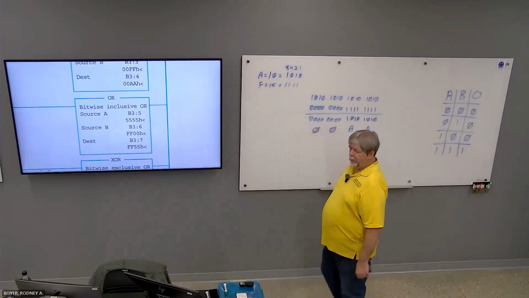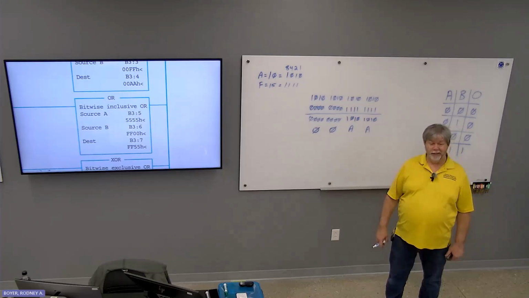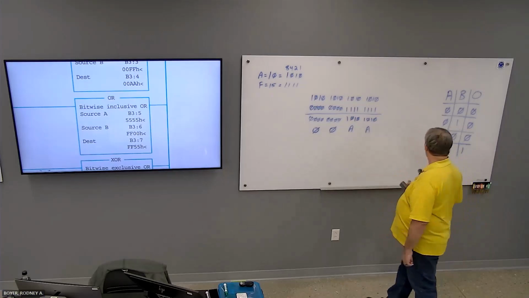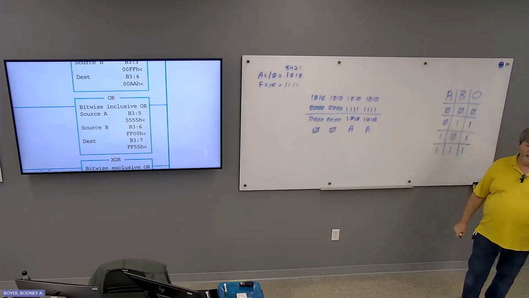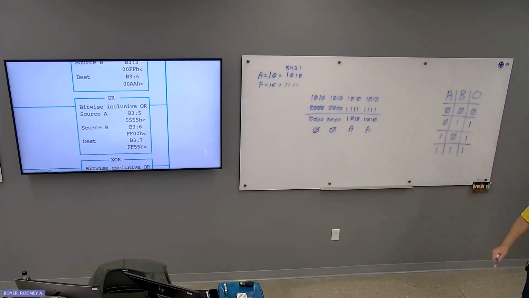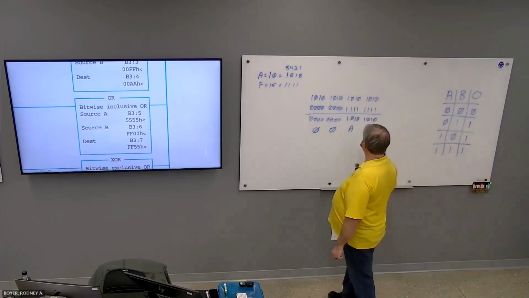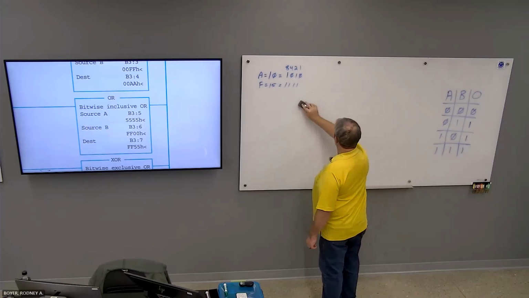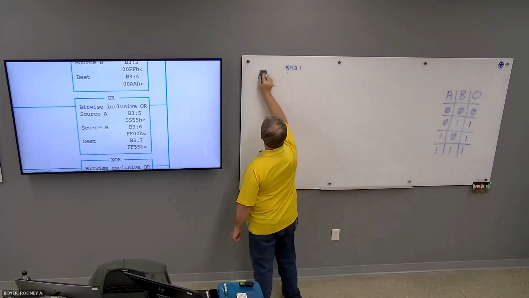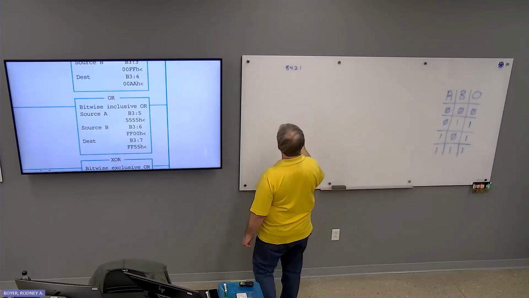Okay. An inclusive OR is just OR. The fancy way of saying it. Talking about an OR, if either one of the bits is a 1, you get a 1 in the output. So we got there 5555.